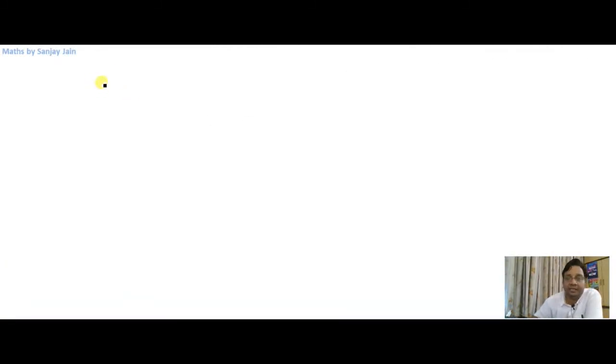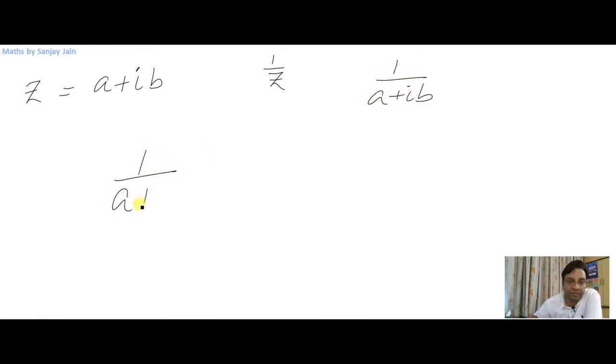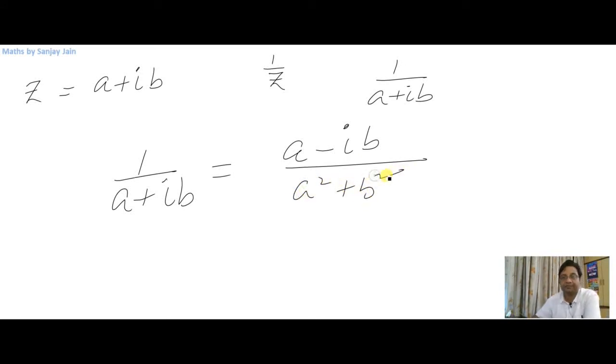So while discussing the multiplicative inverse, we said that a complex number a plus iota b will have its multiplicative inverse as 1 upon z, that is 1 upon a plus iota b. And we also noticed that 1 upon a plus iota b was equal to a minus iota b divided by a squared plus b squared.